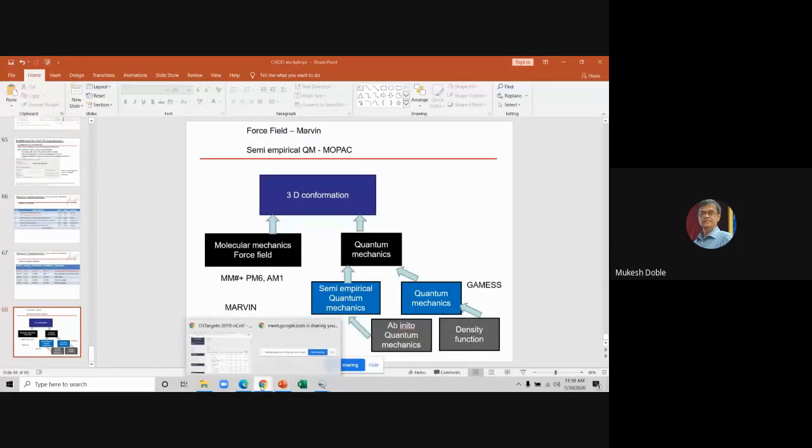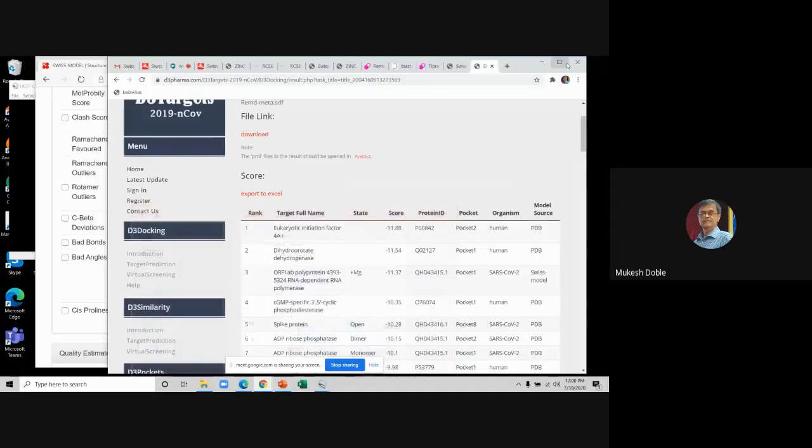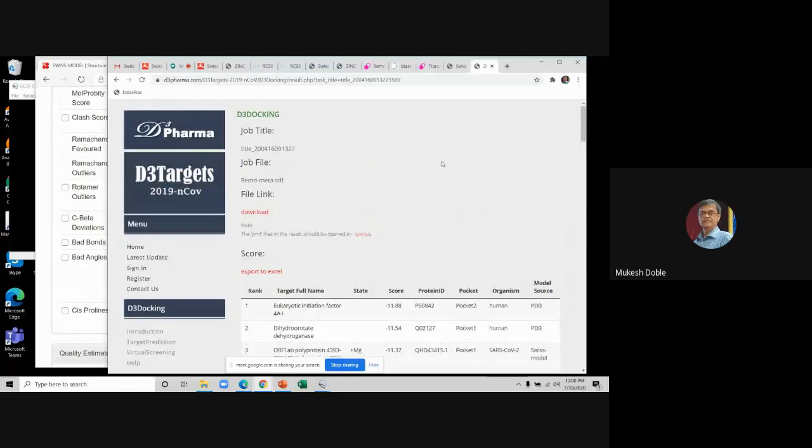So this particular website is very useful if you are interested in looking at targets of SARS-CoV-2. It was created a few months back. They keep adding new targets, and most of the target proteins may be created through homology modeling, because I don't think many of the targets have proper crystal structures.